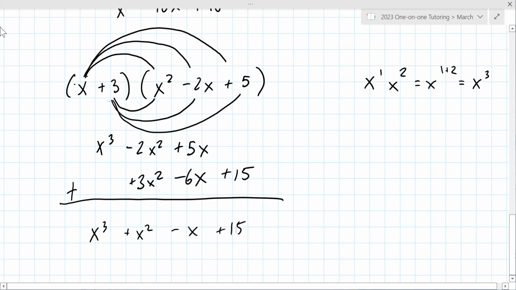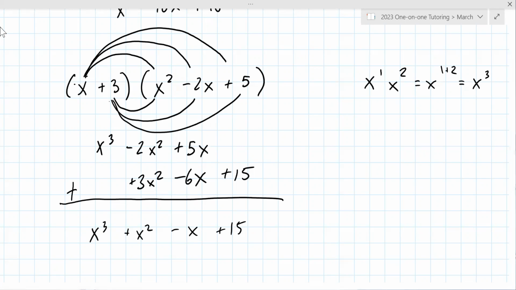Positive x squared plus negative x. It would be positive 3x squared plus negative 2x squared. Are you giving me the final answer, or can you help me out here?